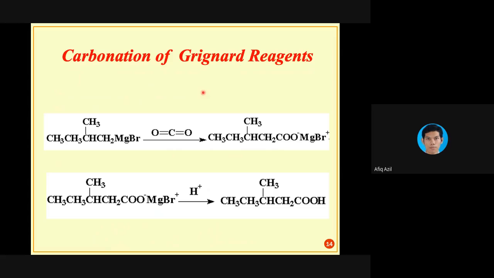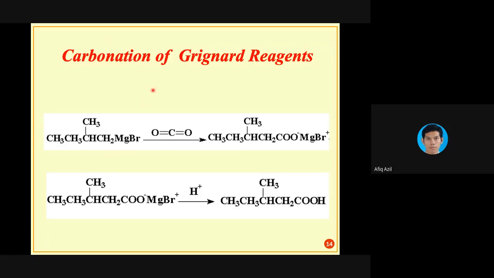Then you are going to get this Grignard reagent. But once you have this Grignard reagent, it is very versatile in that you can convert it into other types of organic compound, and one of them is basically carboxylic acid.